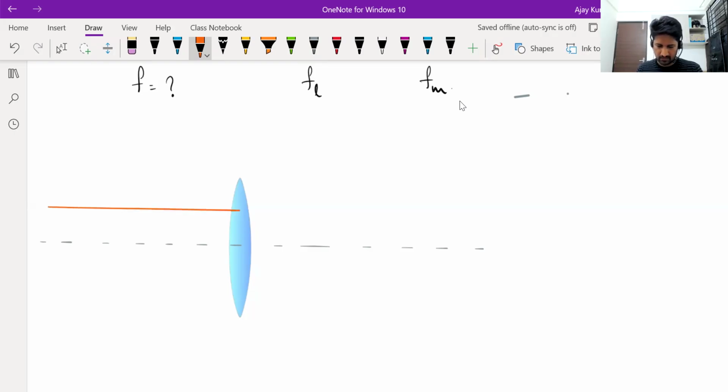Be it a lens or a mirror, if incident rays are parallel to the principal axis, the image will be formed at the focus. I'm assuming this is a converging lens, so it has a positive focal length. Its focal length is FL, the focal length of the lens given to us. So let this be the distance FL. These rays would converge as if they are going to meet at that point.